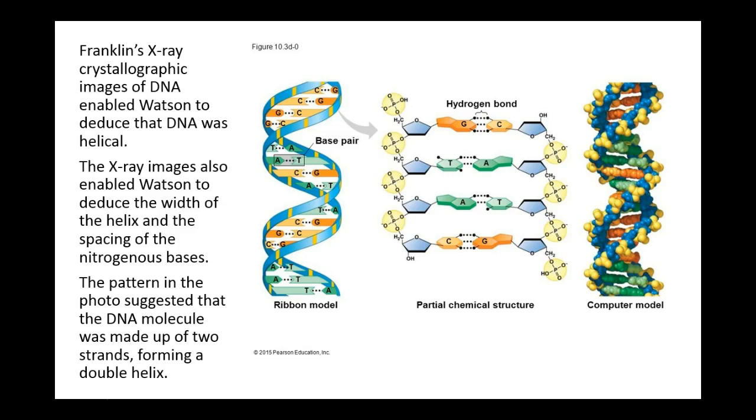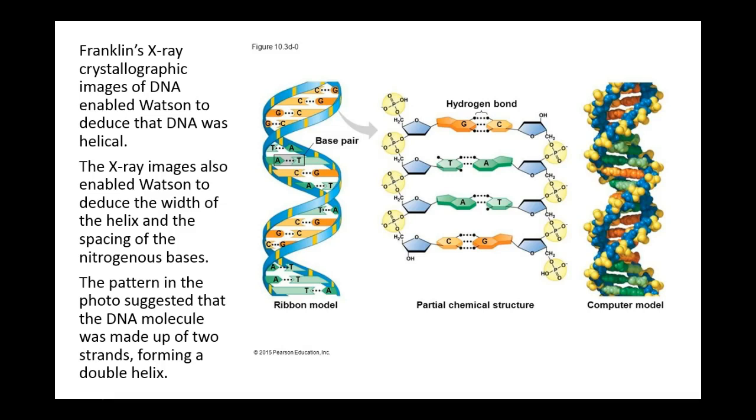What they did was they looked at different scenarios. If A bonded to A, which was what they thought at first, so that the same bases would bond together, they realized that they weren't going to get this uniform ladder. And if A bonded to C, this wasn't going to happen.